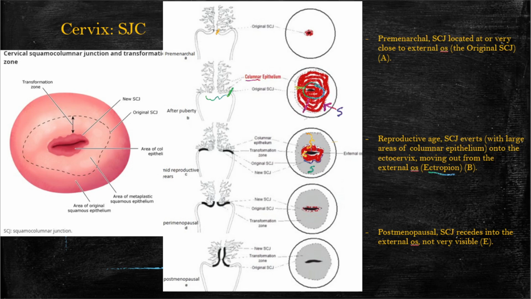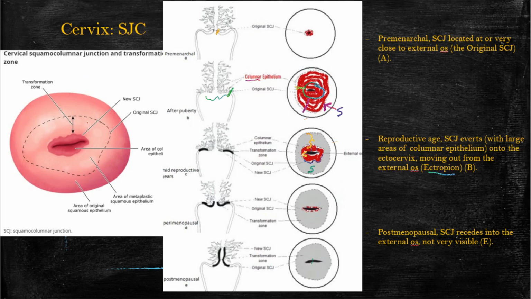So transitioning from the squamous into the columnar. And then in the postmenopausal patient here on bottom, the squamocolumnar junction recedes into the external os, and so it's not very visible. And at times when you're doing a colposcopy, you do need to use instruments to be able to kind of open up the external os of it to be able to see it. It can be very difficult to really catch a glimpse of without opening up the os a little bit.